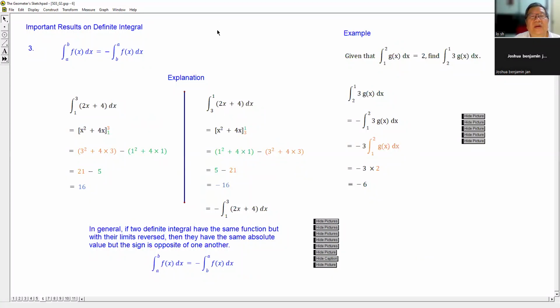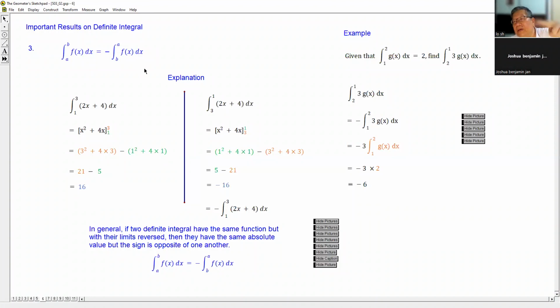This one, they say integrate from A to B, but this one is from B to A. What is the difference if you integrate a certain function from A to B and the same function from B to A?